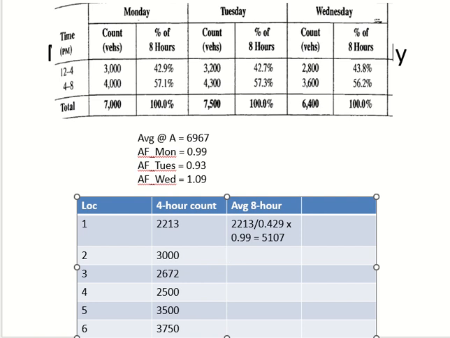2213 divided by 0.429 multiplied by 0.99 gives 5201.